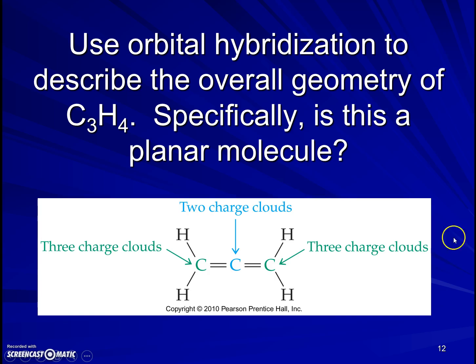And the question is, do we have a planar molecule the way it looks here in 2 dimensions? And we want to go ahead and use orbital theory to explain that. So what I'd like you to do right now is pause the video for a few seconds and think about this and try to draw it out and see whether you think this molecule will be planar or not. And then I'll show you on the next slide how that comes out.